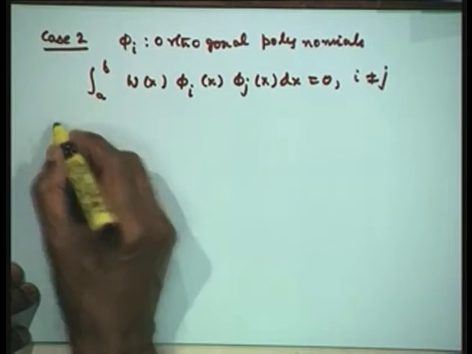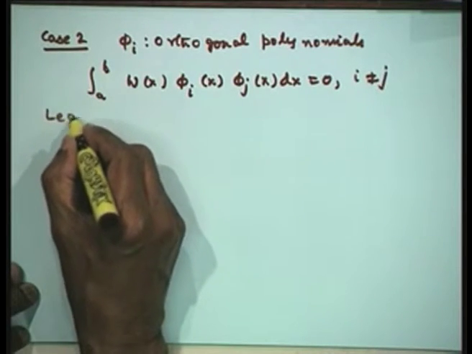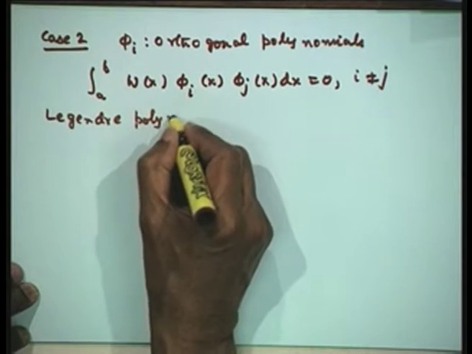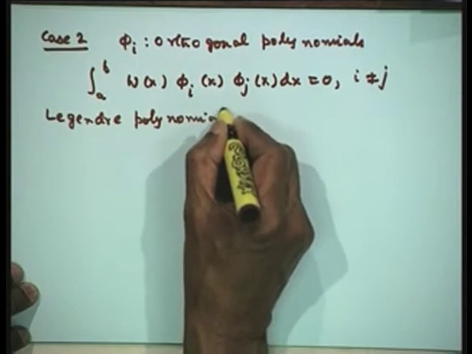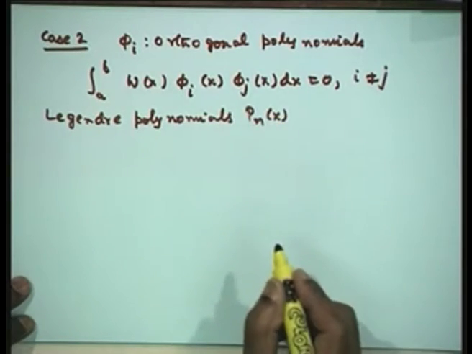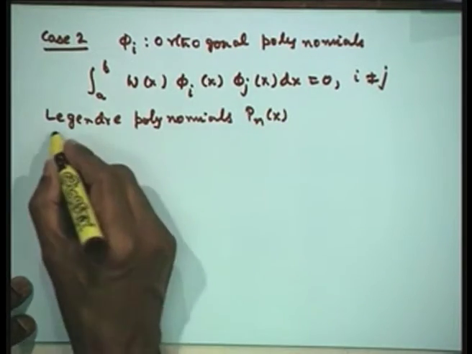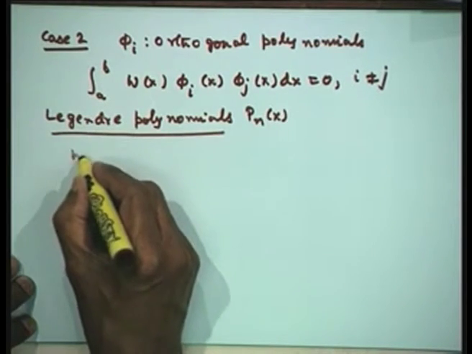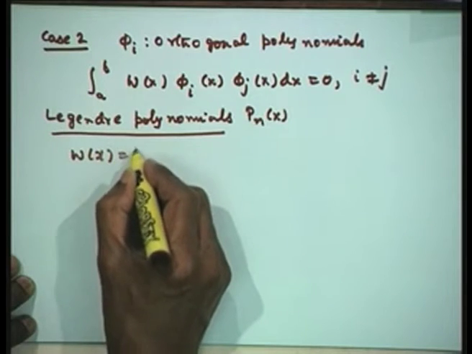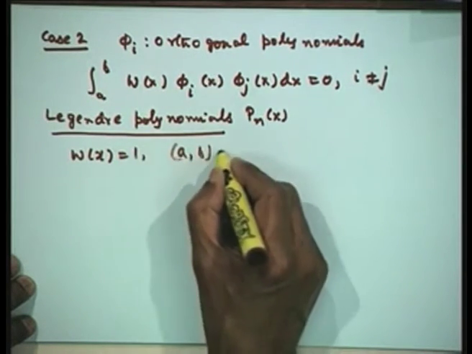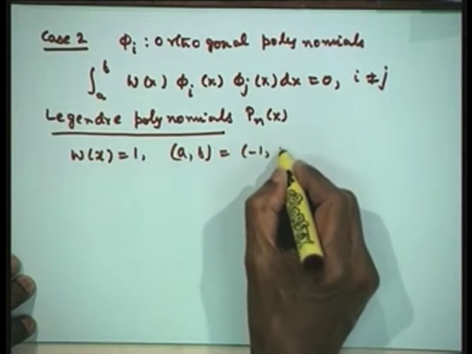For example, if we are taking the Legendre polynomials P_n(x), P0, P1, P2, then in that case the weight function is 1, and the interval a, b is minus 1 to 1.